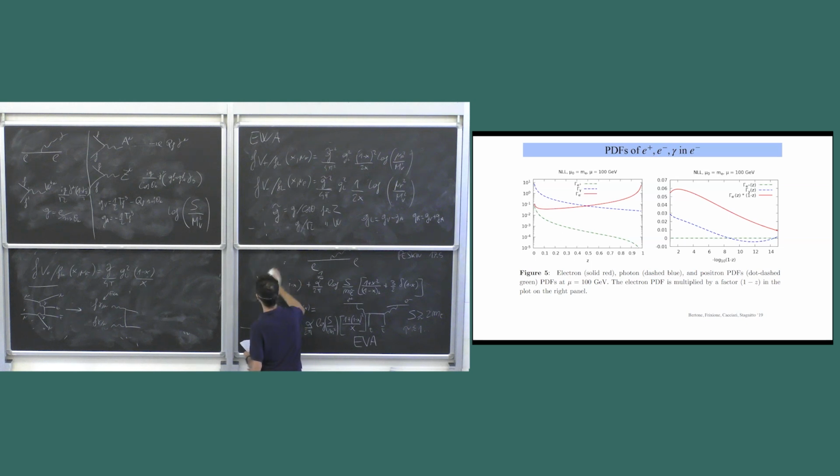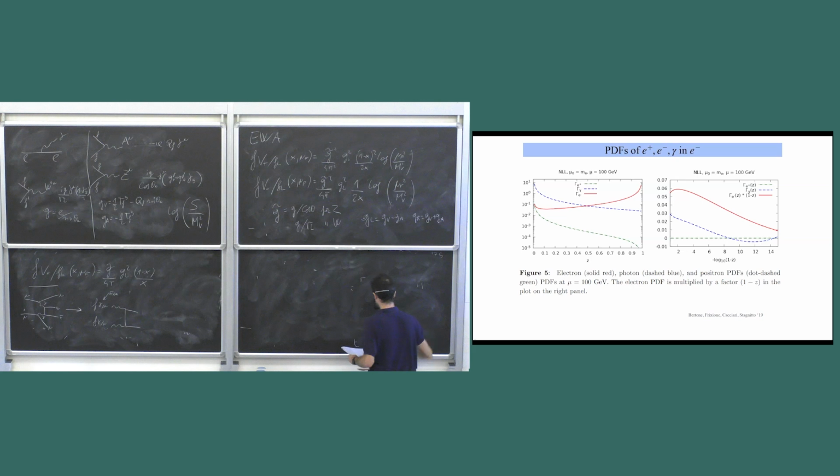I'm taking, for example, another process: muon, neutrino, W, muon, neutrino, W, t t-bar. Since the emission of W that are collinear is so important, instead of describing it like this, I use the EWA, so the probability of the W in the muon, and I multiply it by the process W into t t-bar.